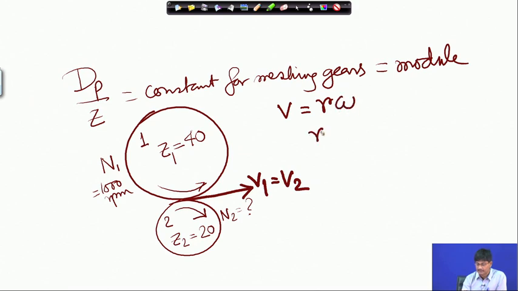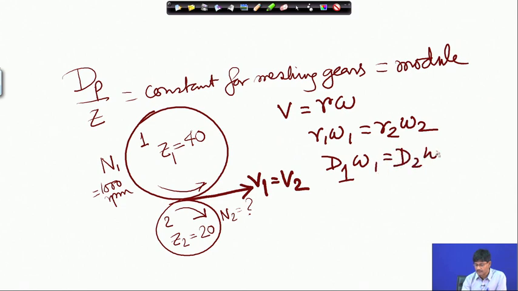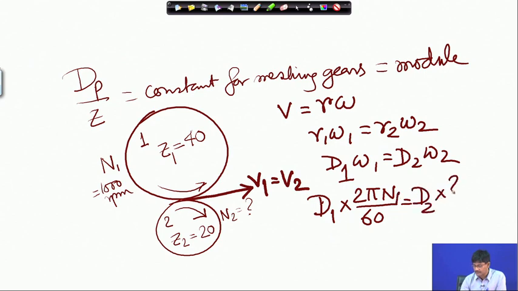So, naturally, we have R1 omega 1 equal to R2 omega 2, and for our convenience, let us replace R by D: D1 omega 1 is equal to D2 omega 2, which means D1 into, and we replace omega by 2 pi N by 60, equal to D2 into 2 pi N2 by 60. All these things will cancel out.